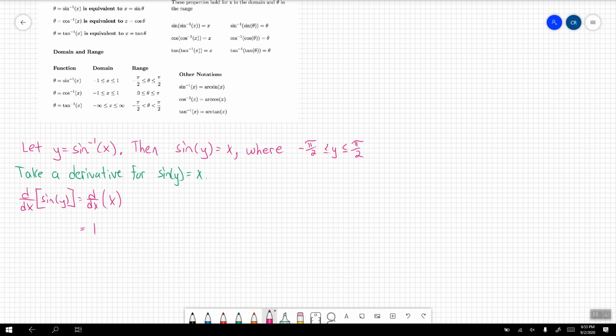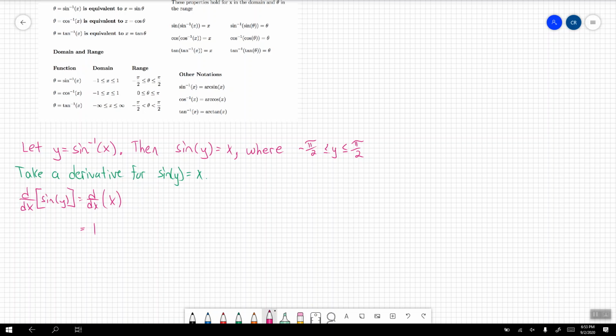But on the left-hand side, it's actually a little bit more intricate. The reason for that is because we're taking a derivative with respect to x. This means that we need to abide by the chain rule, because y, as we see from the very beginning, is a function that includes x in that function.